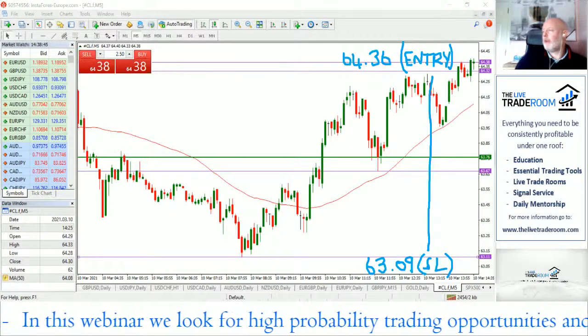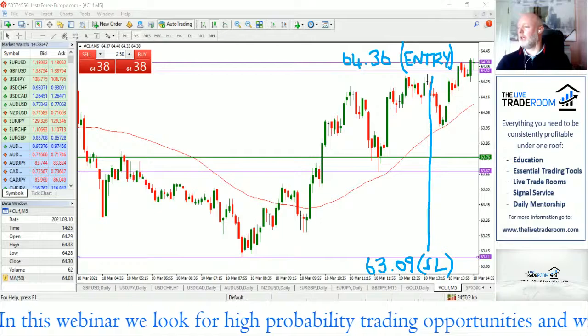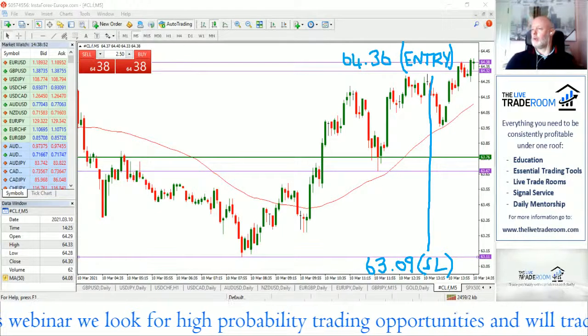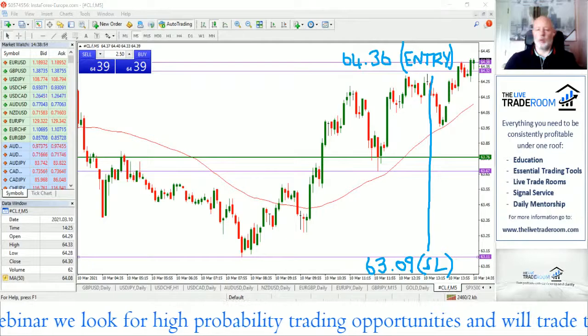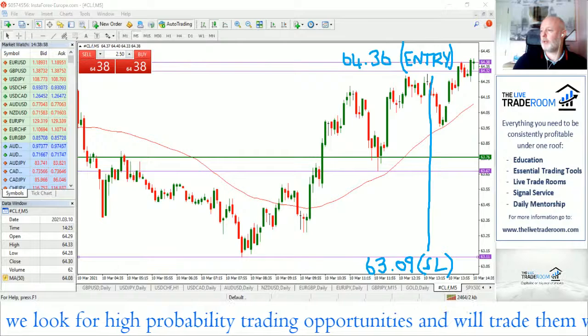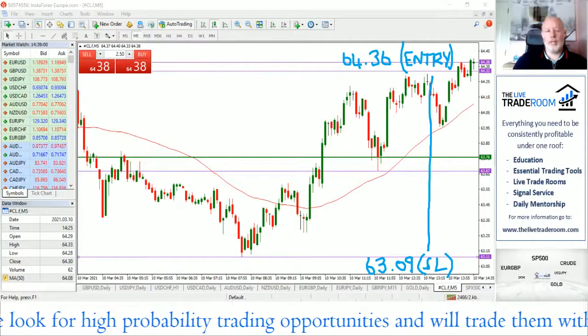We'd be a bit more comfortable getting into this trade. It's failing to do so. So I'm sure we'll get that opportunity in just a couple of seconds once we see what's going on.